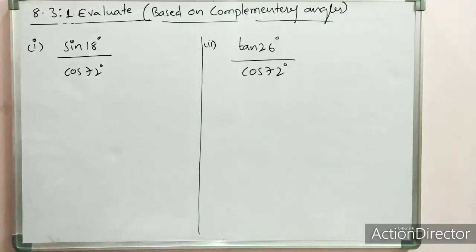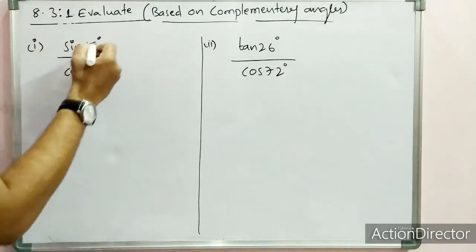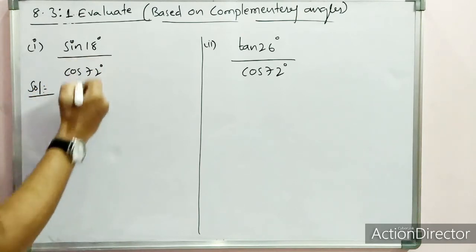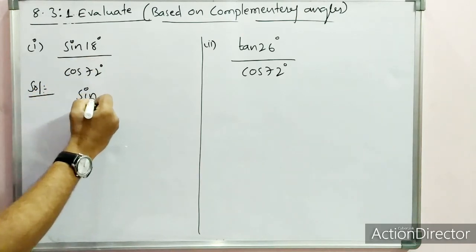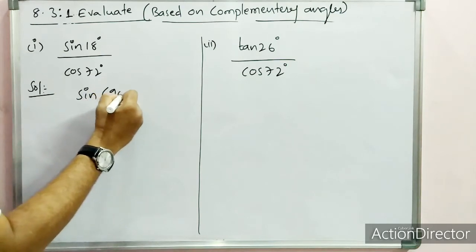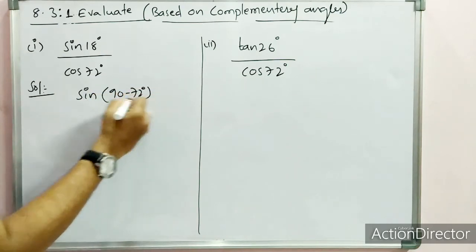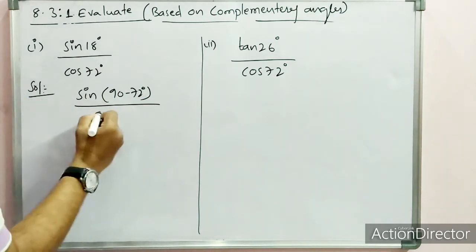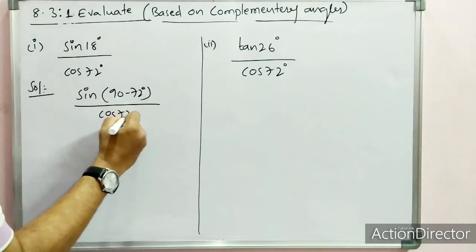Now 8.3, this exercise is totally based on complementary angles. Let us see sin 18 by cos 72. So sin 18, I can write as sin 90 minus 72, because 90 minus 72 is 18, and it is cos 72.